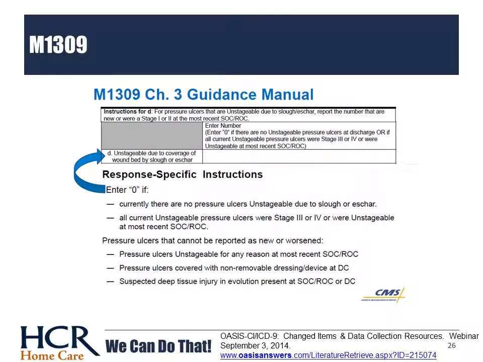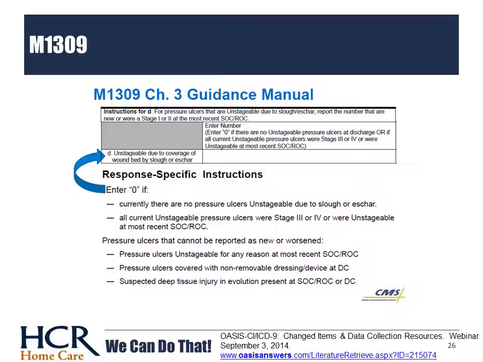One final note about this question with regards to unstageable pressure ulcers is that we are not reporting any unstageables that are unstageable because of a non-removable dressing or device, or any suspected DTIs.